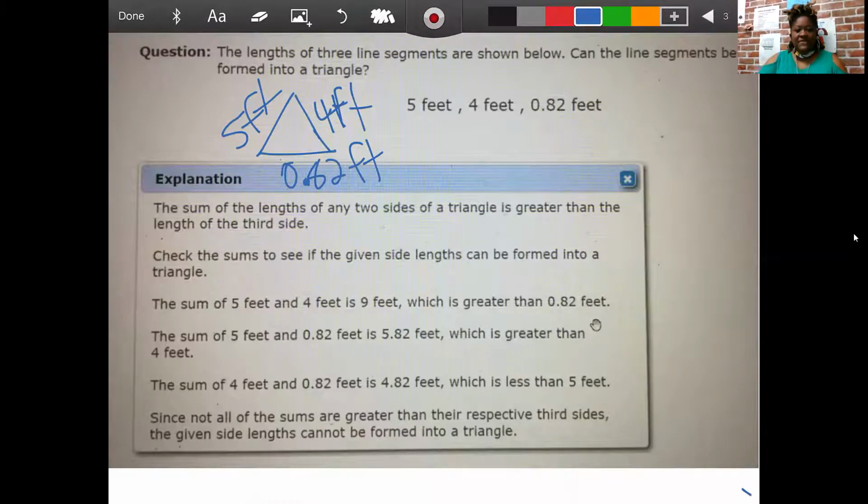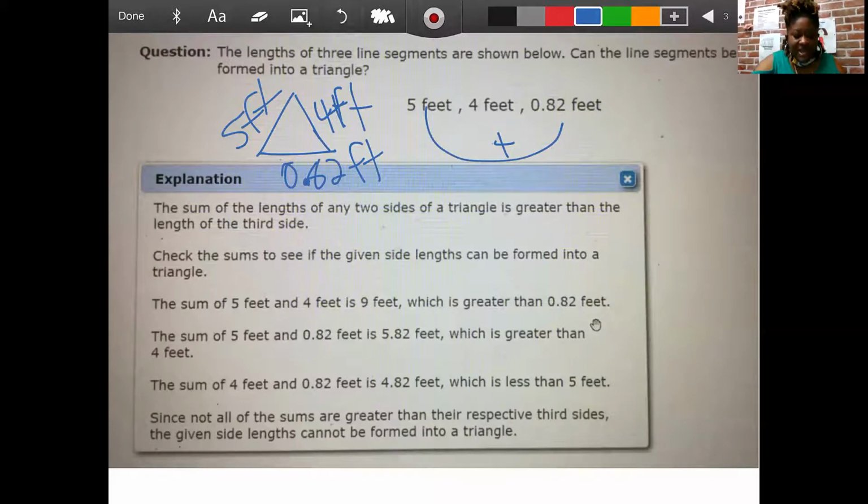Okay, so when you have a triangle like that, you have to take turns adding the sides. So do these two sides, is the sum greater than the third side? Then you'll add these two sides. Are these two sides greater than that side? And then you'll add these two sides. Are those two sides greater than the third side?